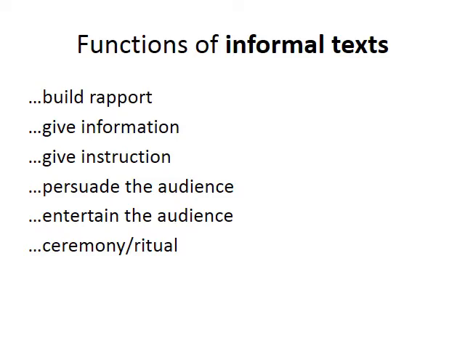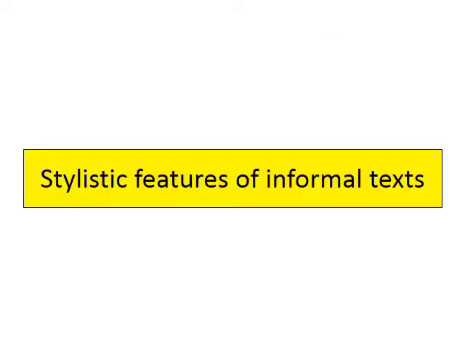So never forget that, but also take it a step further in terms of it builds rapport because of this reason, or they're building rapport because this is what they want to achieve, or they're persuading the audience or entertaining the audience for these reasons. Remember what we always say, you need to engage with the text and be as specific to this text as you can, so don't be too generic or too general, please.